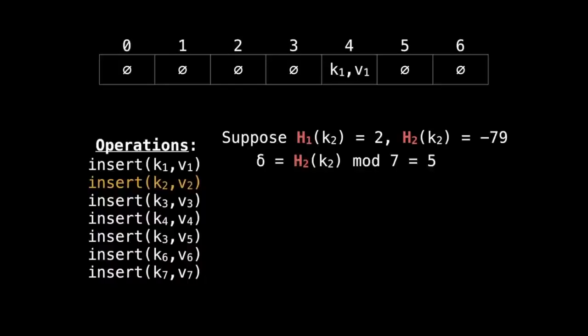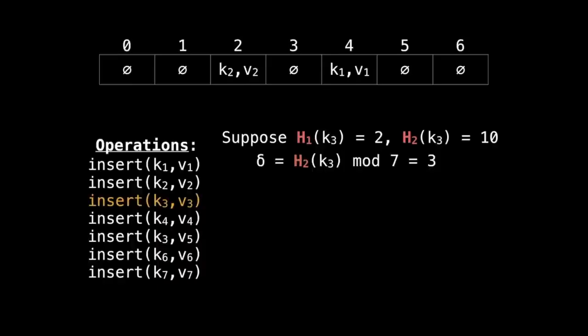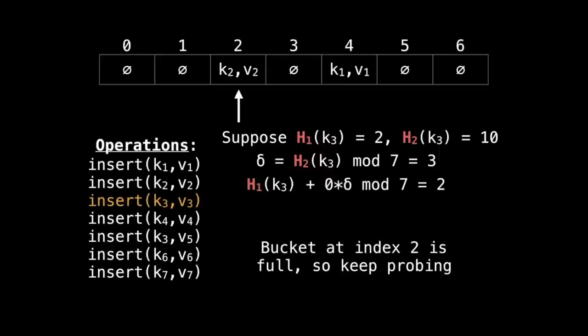So delta is 5, but we're just going to insert at position 2 because there's no collisions. So h1 of k3 is 2, and h2 of k3 is 10. These are just arbitrary numbers I chose for these hash functions. So then delta would be 3 in this case because 10 mod 7 is 3.